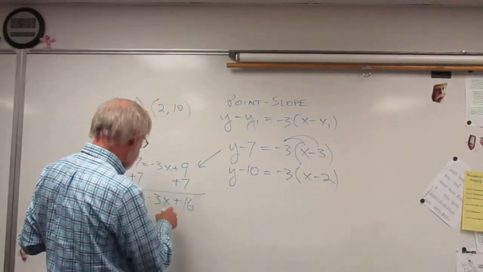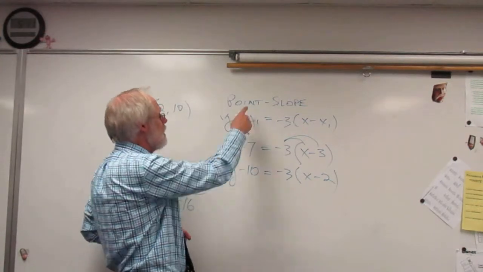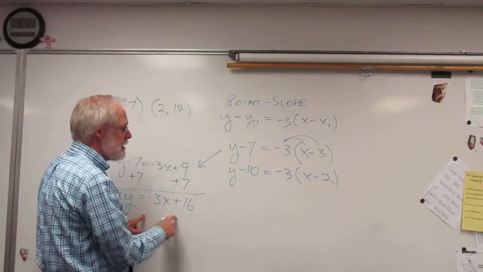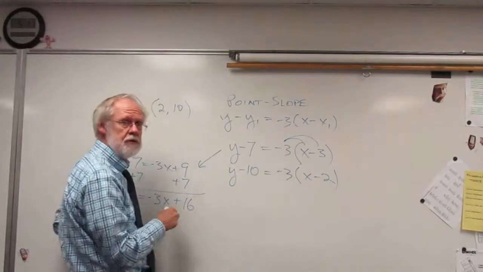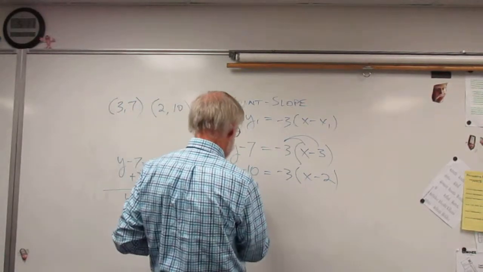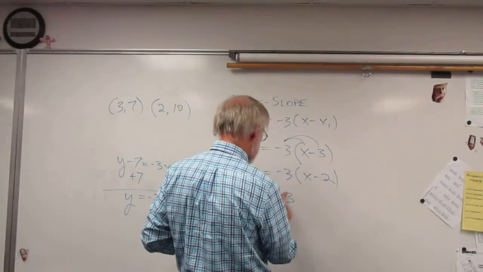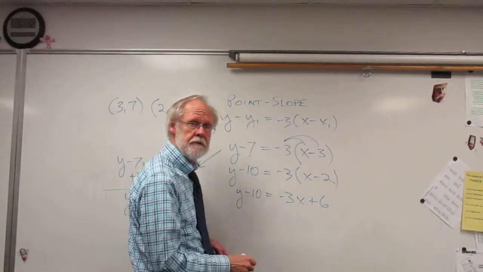Okay, so this is the slope-intercept form of this equation that was originally in point-slope form. I changed the form. Now let's see what happens if I take this one and change its form into slope-intercept form. So I get y minus 10 equals negative 3x plus 6.